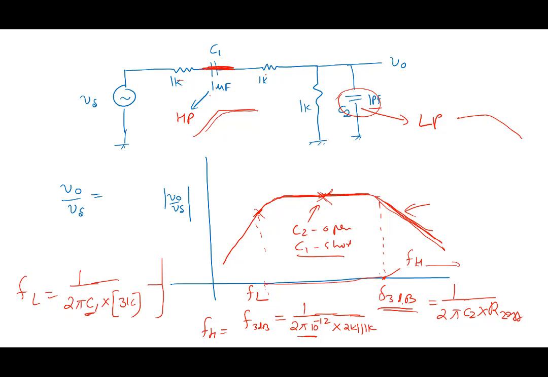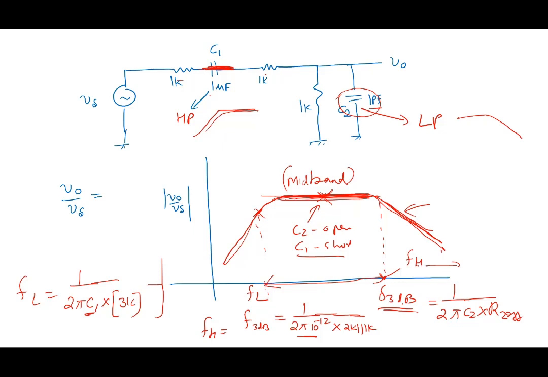So there is a range here where my amplifier has a constant response. The amplifier is not changing with frequency. It's changing with frequency here, and here, but in this region it's not. That's why we call this the mid-band region. Most amplifiers will have a region in the middle.